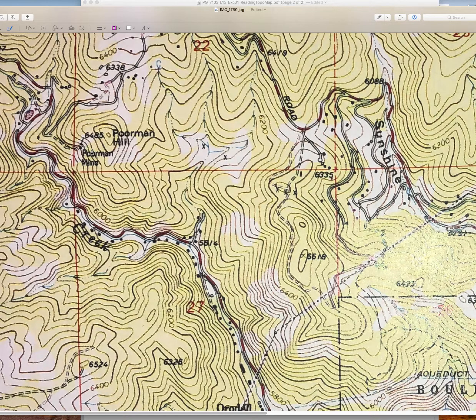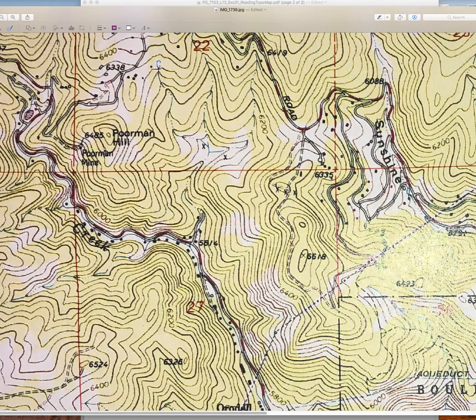One way to explain this is, remember, going back to our contours, if this is 6,000, here's a 6,200, which is this one here, and then this must be 6,400, right? 200 feet higher than 6,200. So the index contour here is 6,400.